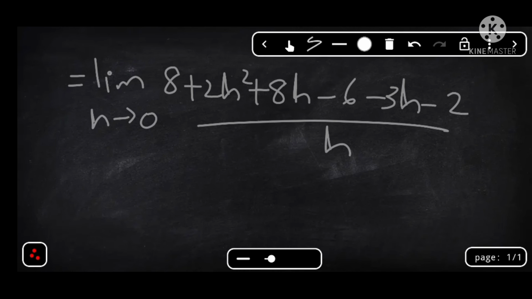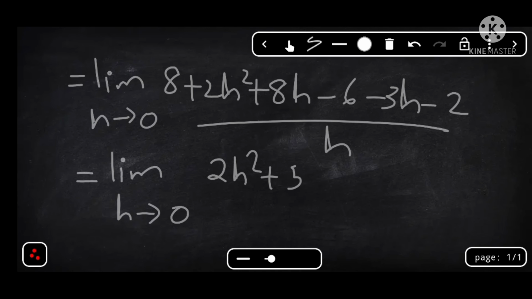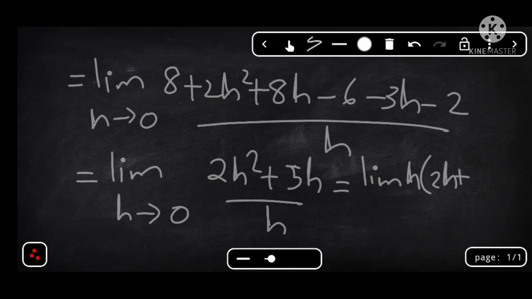Here also when we cancel the terms, we'll get (2h² + 5h) by h. You try to simplify it. If I say it again and again, you won't think. Just think and simplify this term. It equals the limit of h(2h + 5) divided by h, so this will also give us 5.